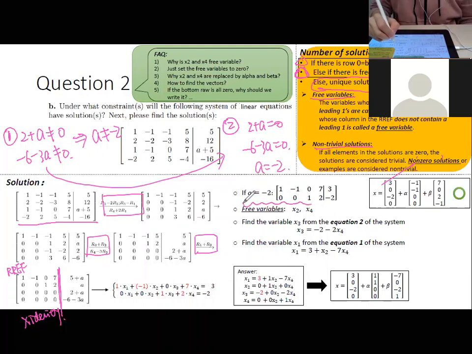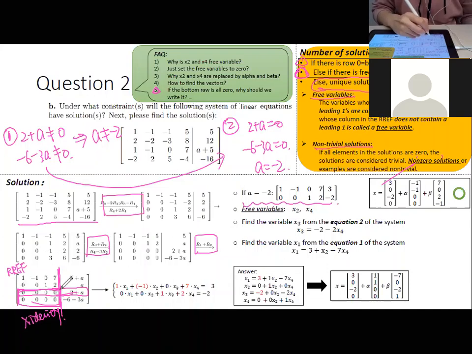You can see here, and there is a question like this: if the bottom row is all 0, why should we write it? I think these students mean these 2 rows are all 0. Why should we keep them? You should pay attention that we should regard the augmented matrix as a whole. So this part is all 0, but the corresponding right parts are not necessarily 0 before we give a specific value to a.